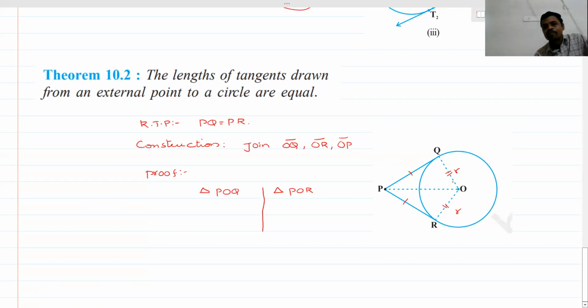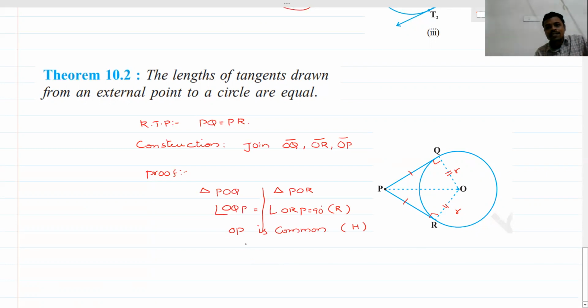We know that the radius is always perpendicular to the tangent, so angle OQP is equal to angle ORP, and this is a right angle, 90 degrees. Now OP is the hypotenuse and a common side, because the side opposite to the 90 degrees is called the hypotenuse.